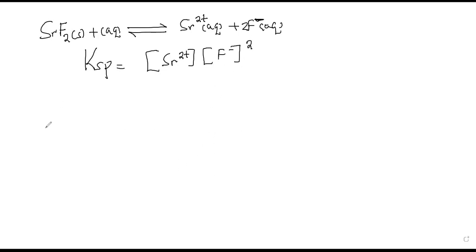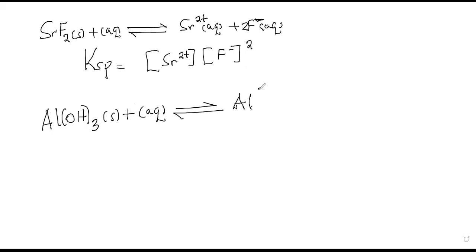As simple as that. Lastly, for aluminum hydroxide, we shall have aluminum plus aqueous, forming aluminum ion and 3 hydroxide ion.